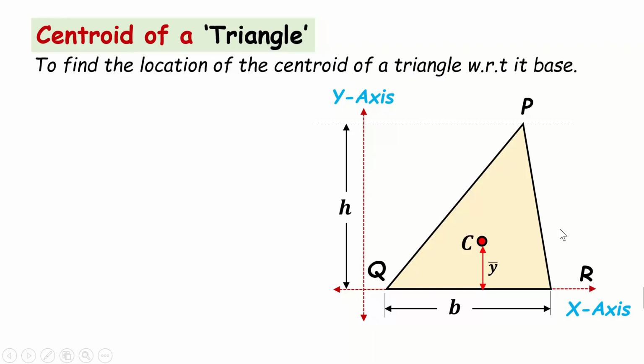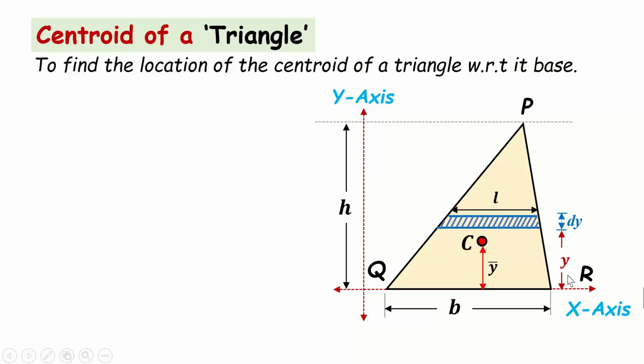That is very important. To find the centroid of this triangle, I am going to consider a thin strip of thickness dy. I have taken a thin strip having thickness dy and length L. The length of the strip is going to be L, and its distance from the axis is going to be y. So I have a thin strip over here, friends, whose length is L and thickness is dy, and its distance from the base of the triangle is taken as y.